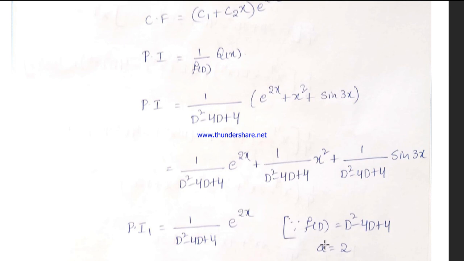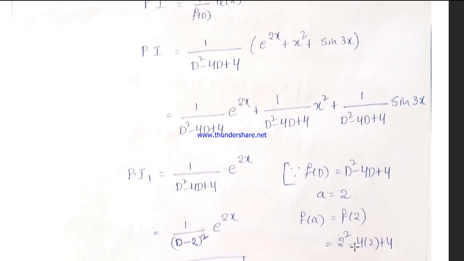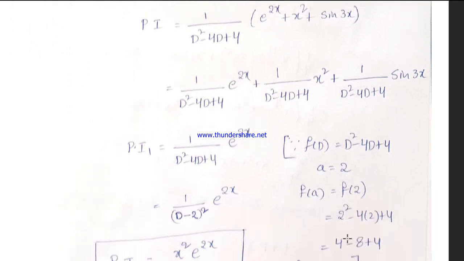So if you substitute a is equal to 2 in f of d, we get the value 0, because it is a d minus 2 whole square form. If you substitute d is equal to 2, simply we get 0 here. Otherwise you can find it by using a is equal to 2: 2 square minus 4 into 2 plus 4, the value is 0. F of a value is 0.